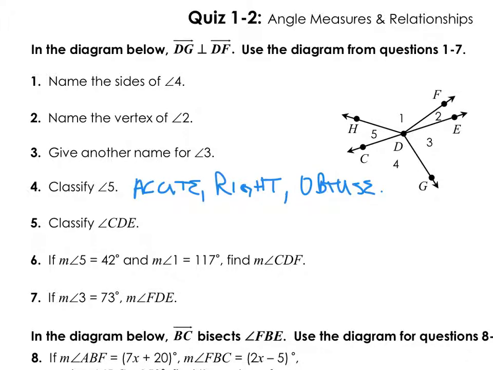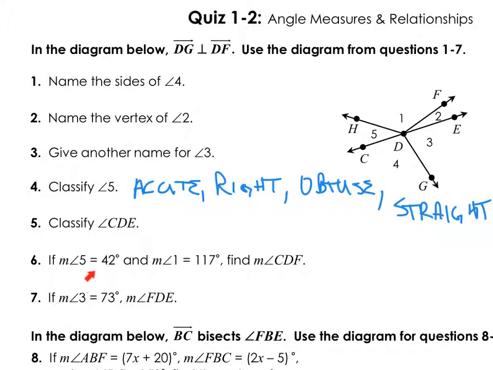And number 5, classify CDE. So CDE. Okay, now it could be one of these 3, or it could also be a straight angle. So those are your choices for number 5.